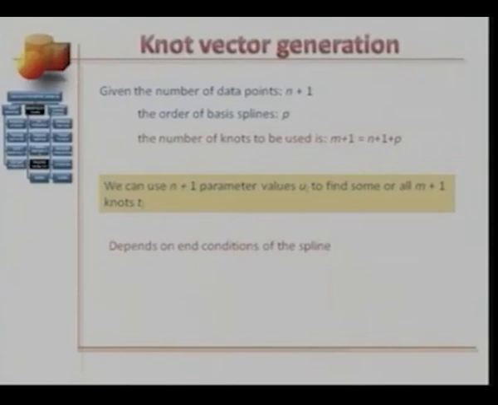Now, this would depend on the end conditions that you would prefer to choose for any spline at hand. Well, we can talk about unclamped splines, maybe those which are clamped at one end or some which are clamped at both ends.